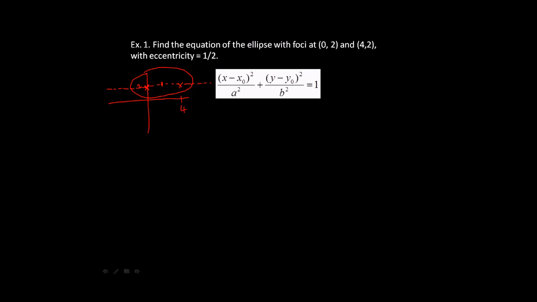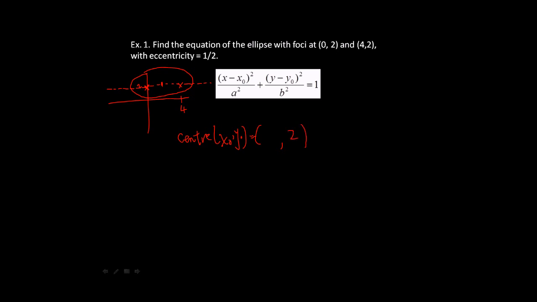Now, so it is pretty obvious that we can find the center. The center x0, y0 is, first of all, almost immediately we know that the y coordinate for the center will be the same as the 2 foci points, right? So we know that it is 2.